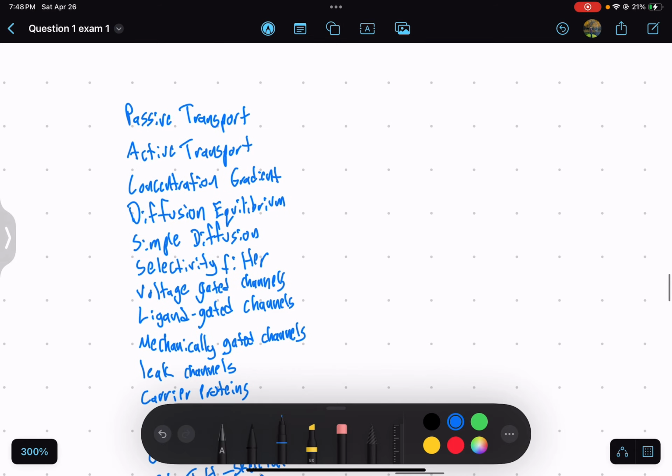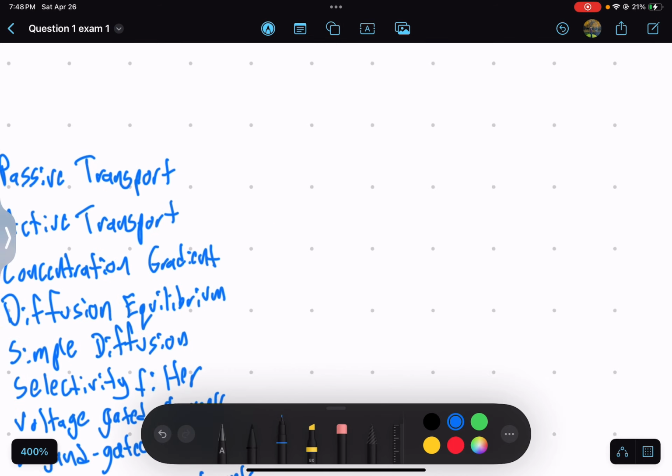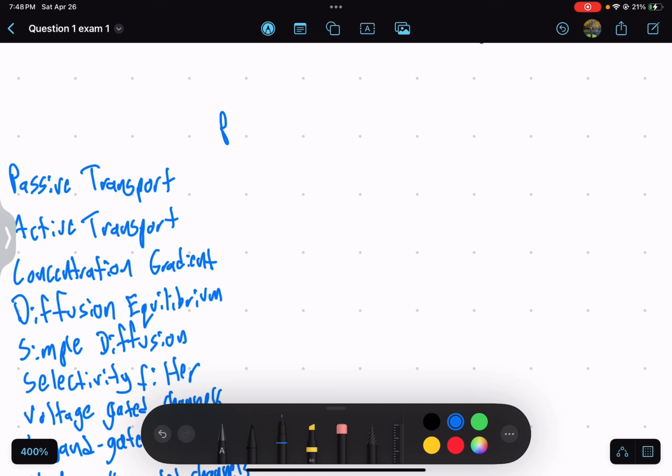So to start us off, I'm going to talk a little bit about passive transport. Well, before that, passive diffusion.